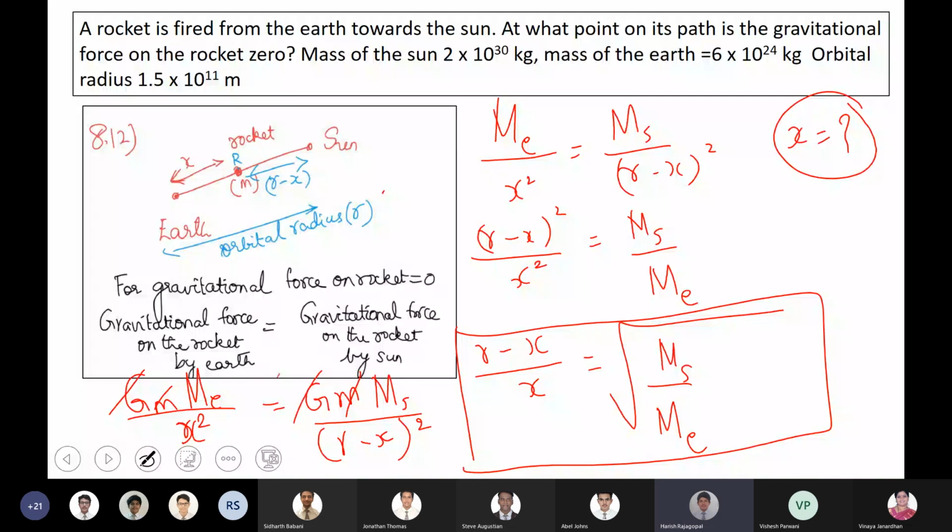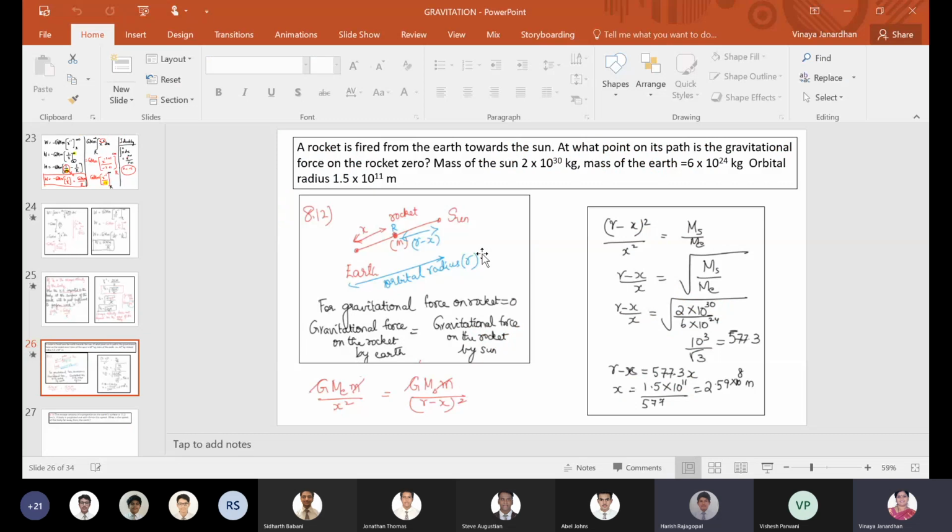Orbital radius is the distance from Earth to Sun, right? r is the distance between the Earth and the Sun. That is orbital radius.